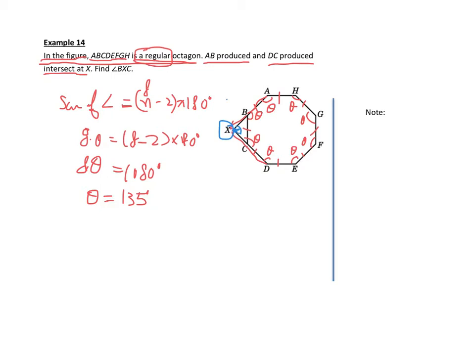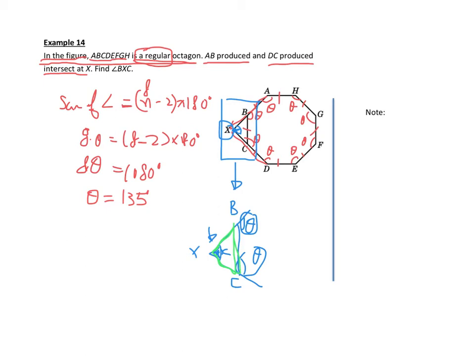Actually, we can cut this piece of the octagon out here and observe it. You can see that here are 2 thetas, and the angle BXC is here. If we let BXC be x, it is an interior angle, and this theta and this theta are the exterior angles of the triangle BXC.